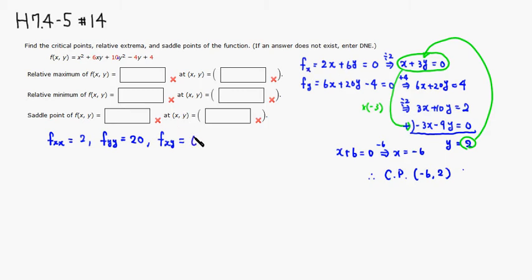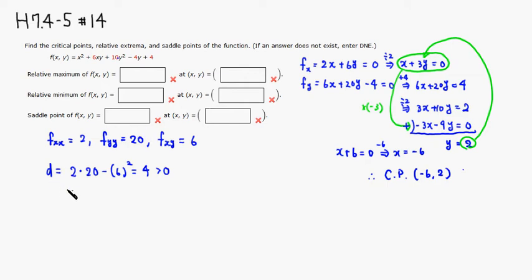So D is equal to the second partial with respect to x times the second partial with respect to y minus the mixed partial squared. So it's 2 times 20, which is 40, minus 36, which is 4. It's positive, which means it's going to be a relative max or a relative min.